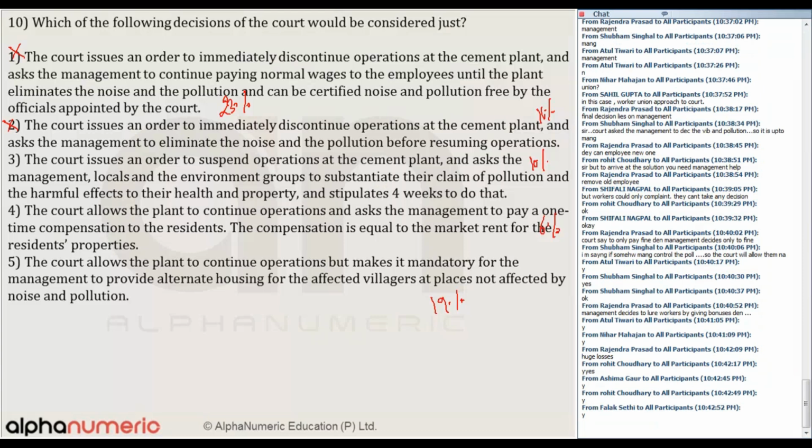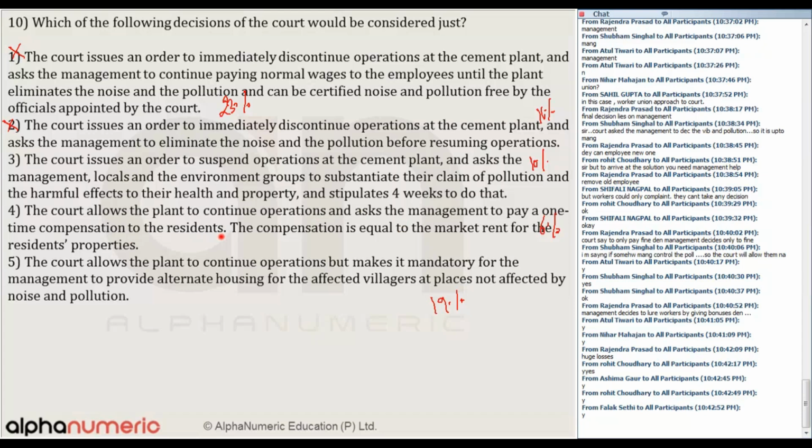Third, the court issues an order to suspend operations at the cement plant and asks the management, locals, and environmental groups to substantiate their claim of pollution and the harmful effects, and stipulates 4 weeks to do that. Okay. Option number 4: the court allows the plant to continue operation and asks the management to pay a one-time compensation to the residents.